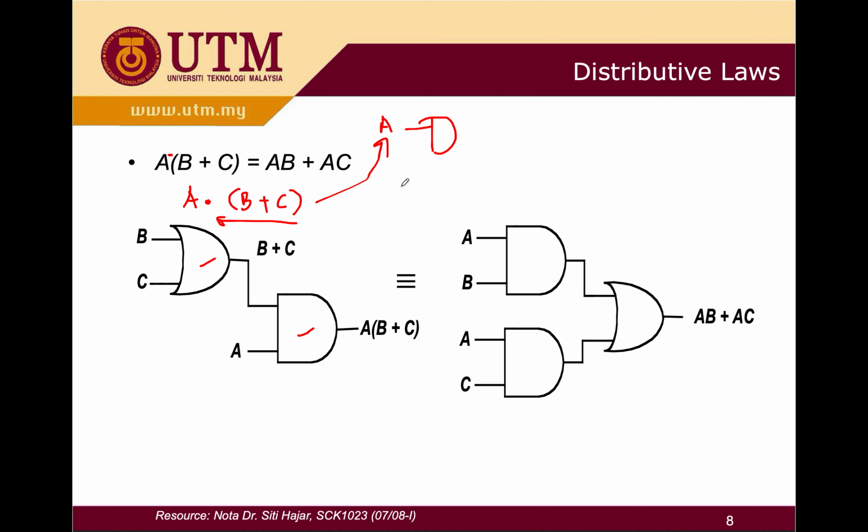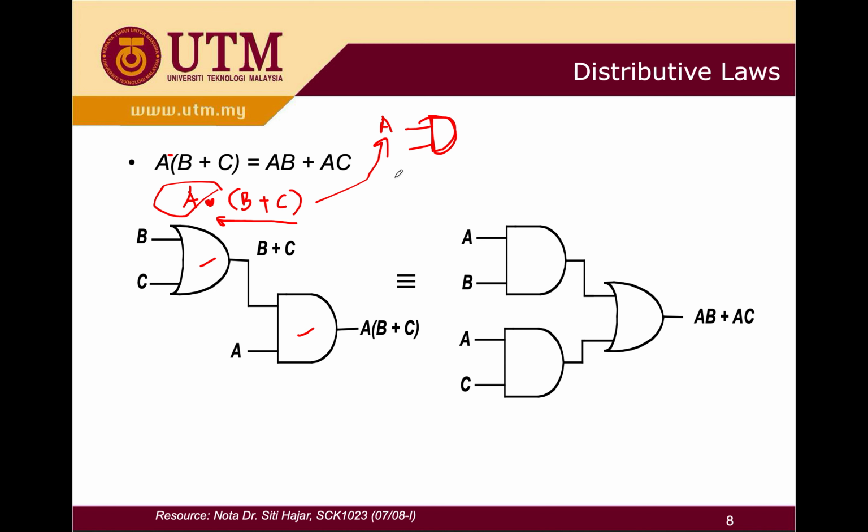So I just give an example first, because from your point of view, if you don't know how to do it, that's why I show you how. Let's say you don't have any knowledge. So this is the AND gate and I have A. So I put it here. And then there is another input because it is a dot, which is multiplication.